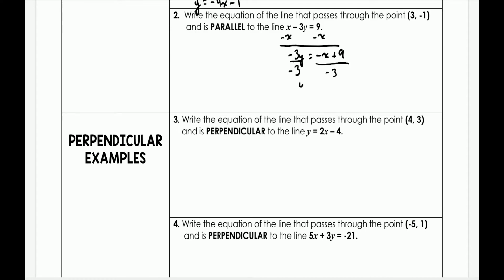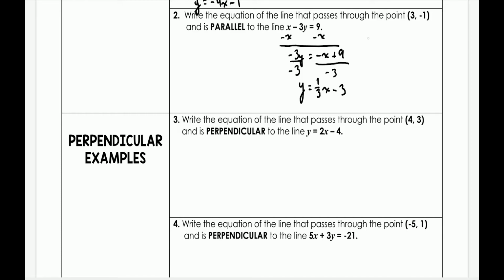And we're left with y is equal to, dividing each thing by -3, so -x divided by -3 is 1/3 x. Then we have 9 divided by -3, that is -3. So this is the equation of the line that we're trying to find the parallel line to.